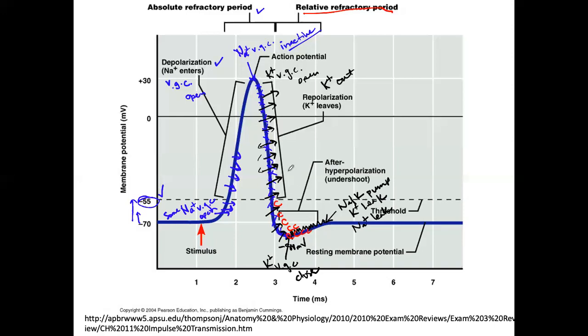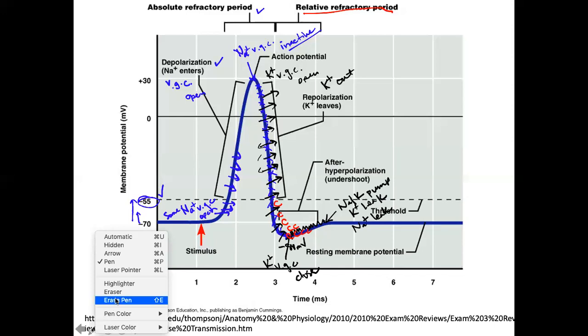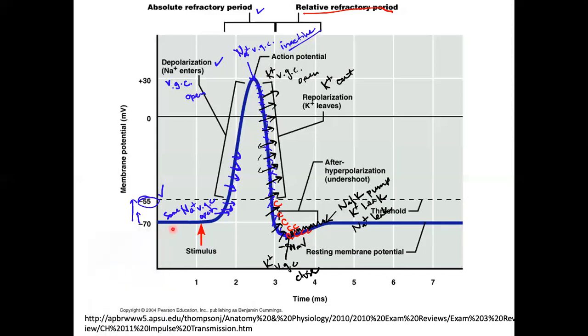Okay, so let me recap. And I want you guys to draw this out and label them as well, right? So resting membrane potential, sodium potassium pump, sodium leak channels, potassium leak channels. This gets some type of a stimulus, and some sodium voltage gated channels are going to pop open and some sodium rushes in.